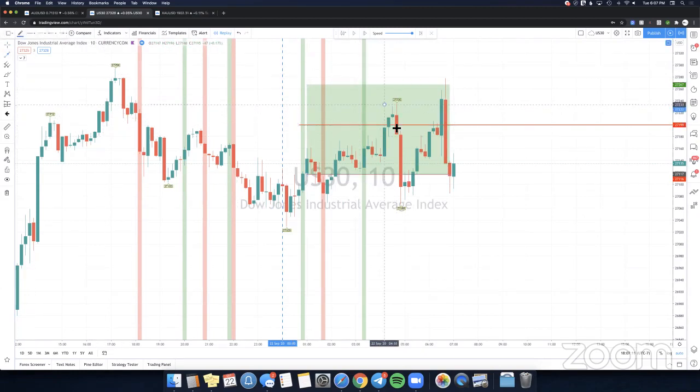You can either pull back and get stopped out right there, or price continues up and you get full TP. But once you move your stop loss in profit, you're pretty much trading risk free. So you don't have to worry about anything. You literally just have to wait for it to either stop you out in profit or hit full TP. But yeah, those are the two main ways to apply that.